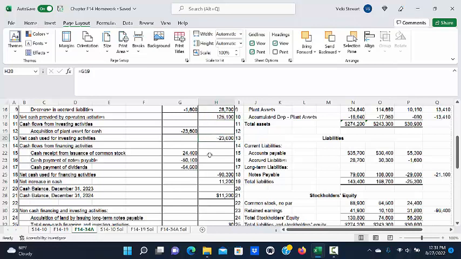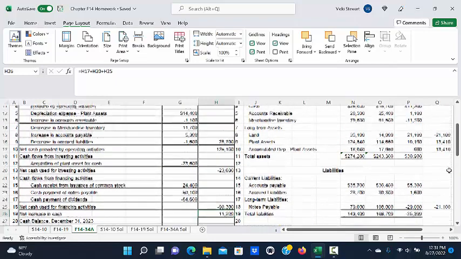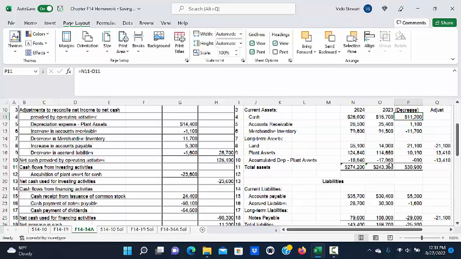We subtracted the $23,600 in cash used for investing activities and the $90,300 that was used for financing activities, and the net amount then, or net increase in cash, was $11,200. And we can check that in our comparative balance sheet to see whether or not we have completed the statement of cash flows correctly so far. And yes, that does equal the increase in cash, so we are on track right now.